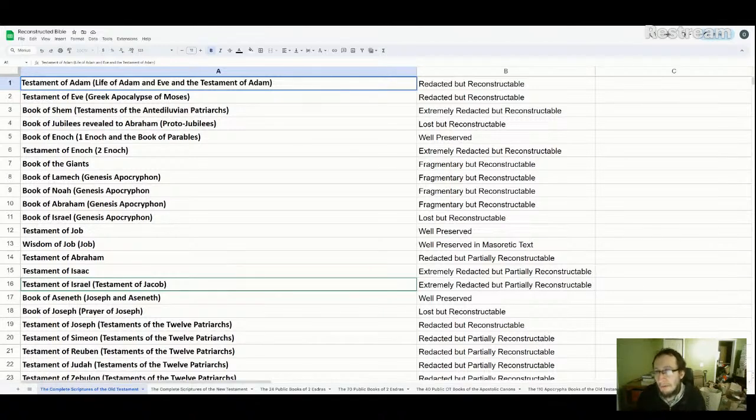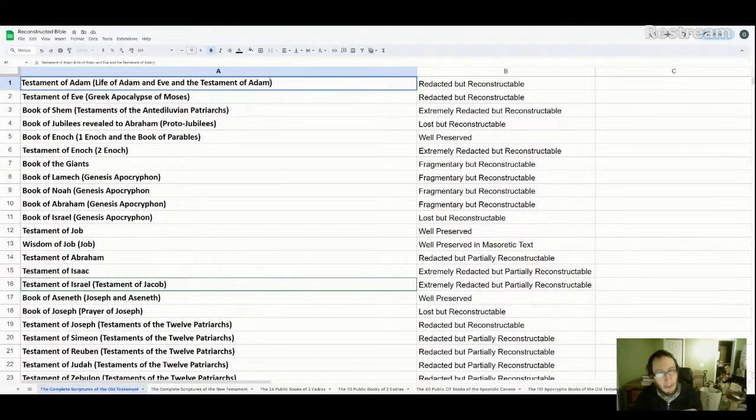Also, we have a book called the Apocalypse of Adam and Eve, or the Revelation, not Adam and Eve, the Apocalypse of the Magi, or the Revelation of the Magi. And that claims to quote a large amount of the Testament of Adam.